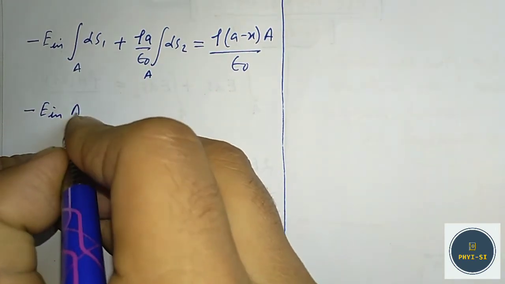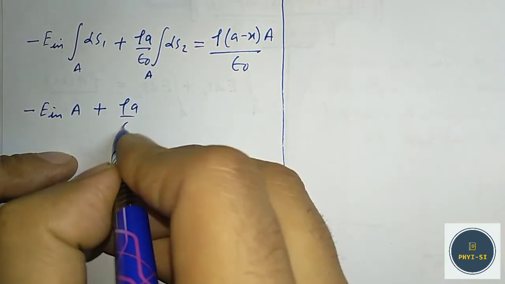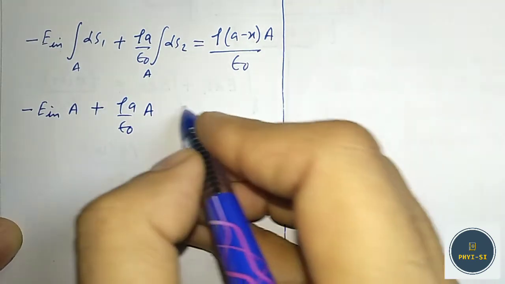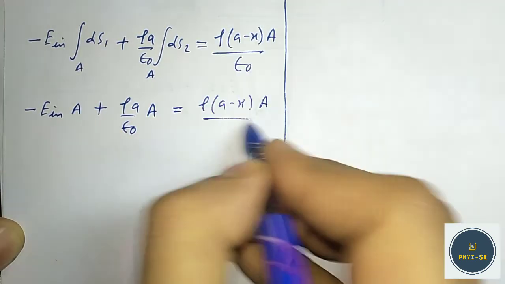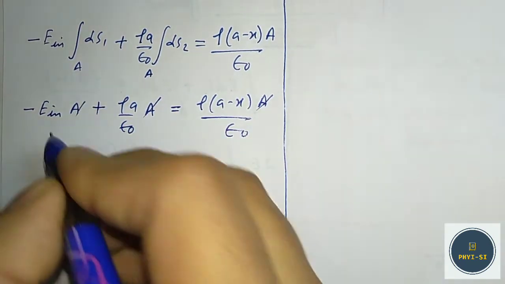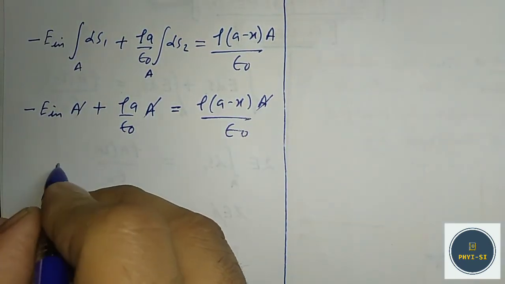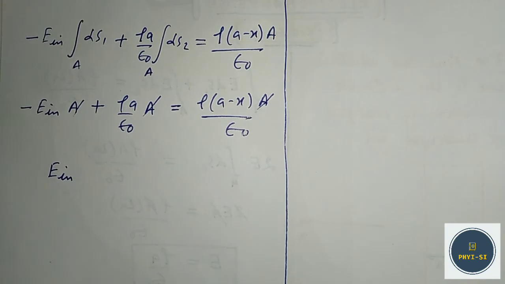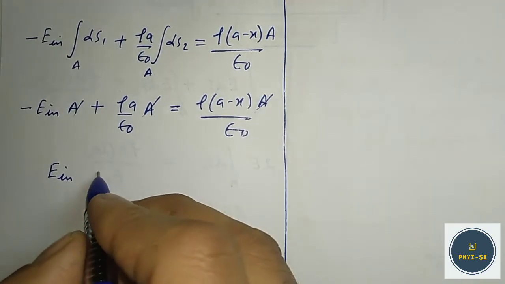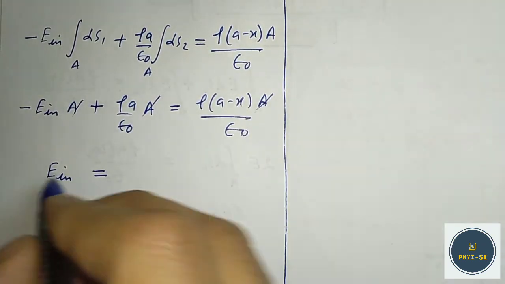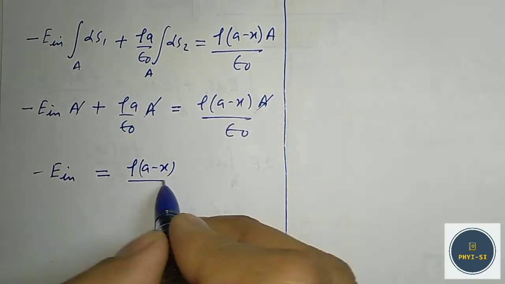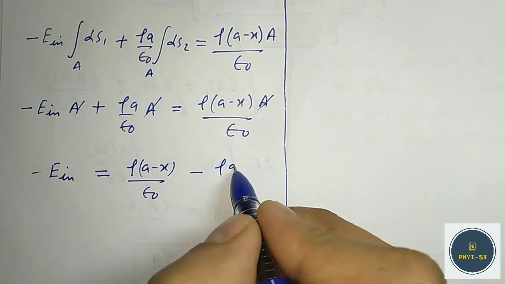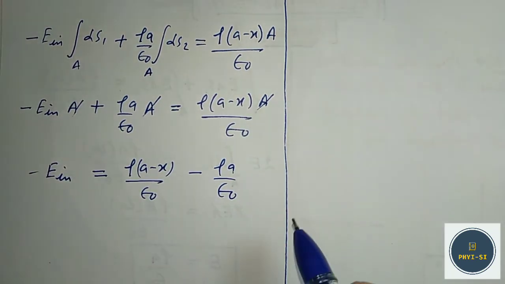This is area A, plus rho A over epsilon naught, and this is also area A, if we do the integration, equal to rho (A minus x) into A upon epsilon naught. The A's can be cancelled, so E in is equal to minus rho (A minus x) upon epsilon naught, minus rho A upon epsilon naught.